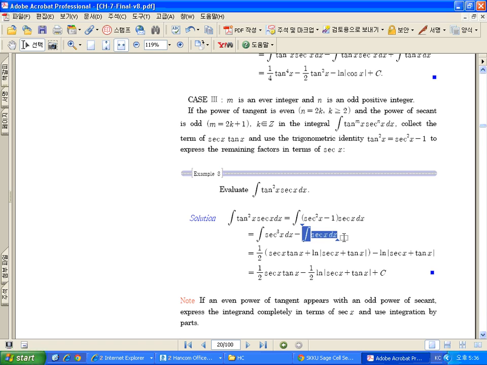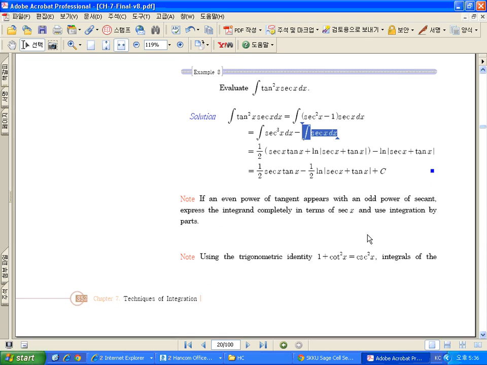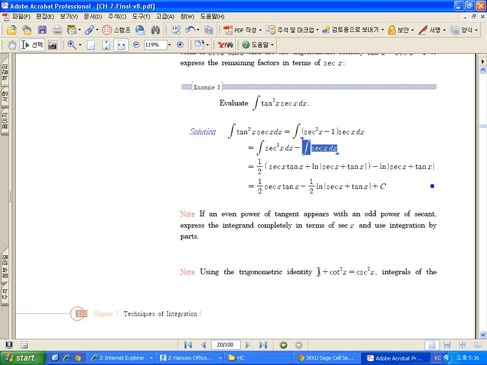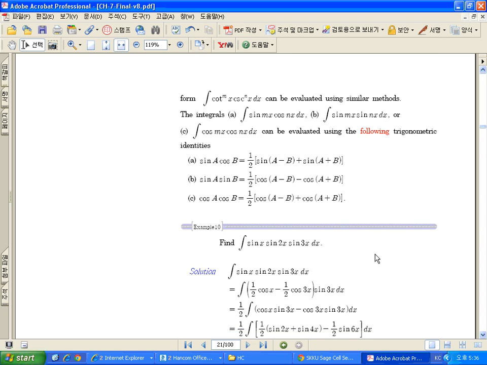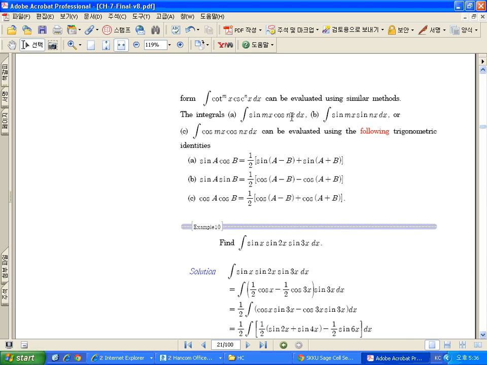The important part is the integration of secant x, which makes all the rest easy. And for the other case, sometimes you have to use 1 plus cotangent square x as cosecant square x, in the integration, and a whole bunch of things.